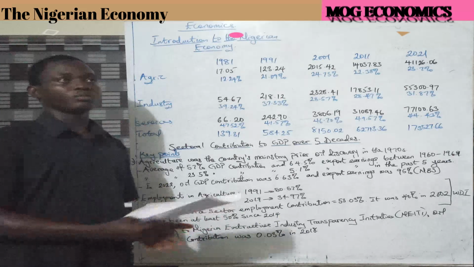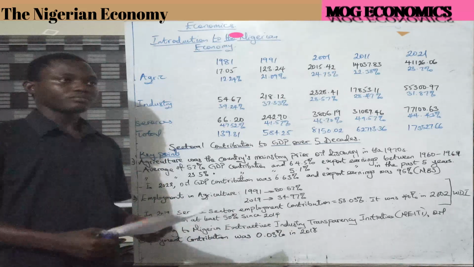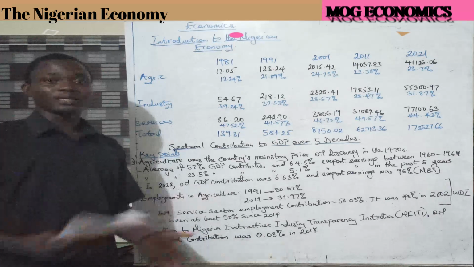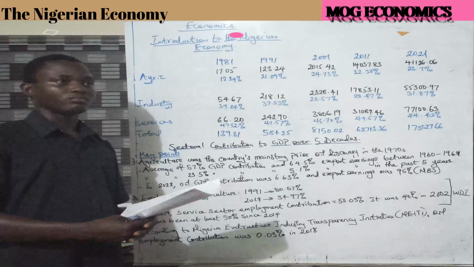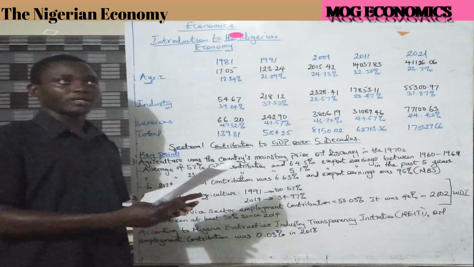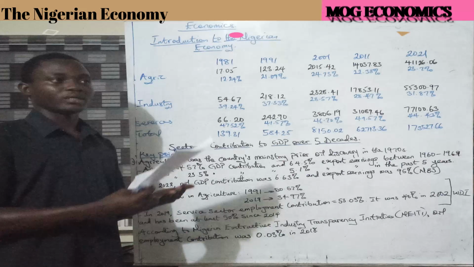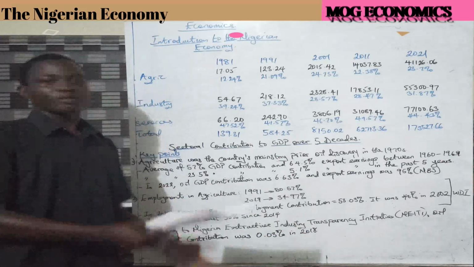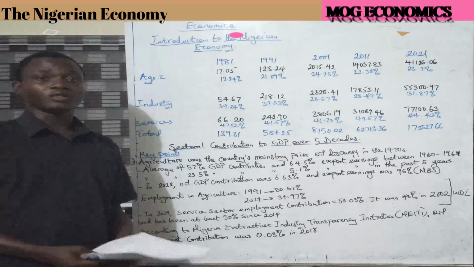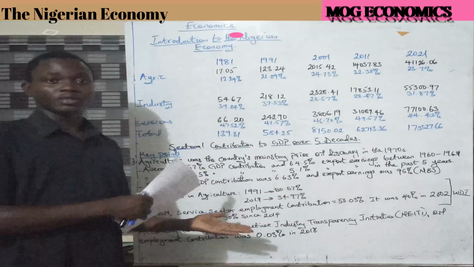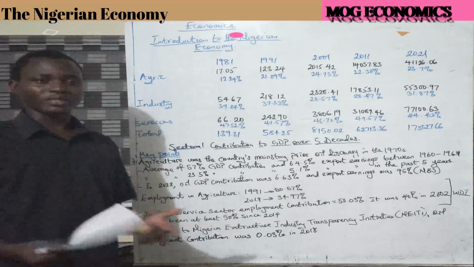By the time you start analyzing your data, it has to be in line with a particular narrative. For example, in the Nigerian situation, agriculture was the mainstay of Nigeria in its early history, then it moved to something else. Or is it still the mainstay?